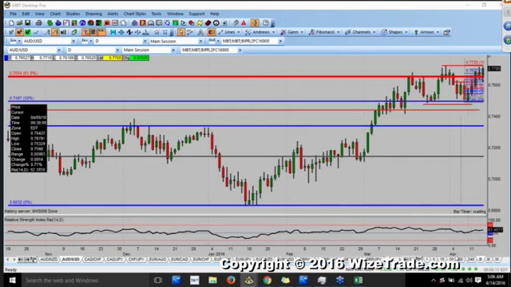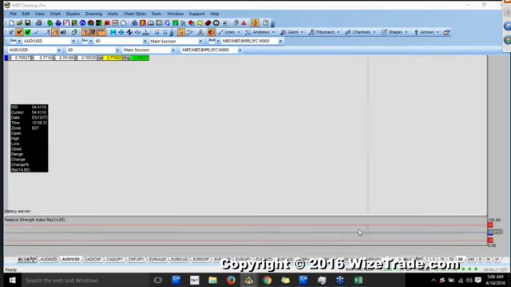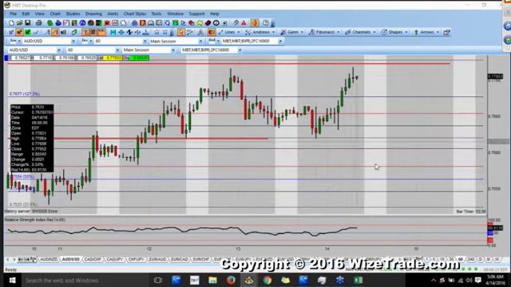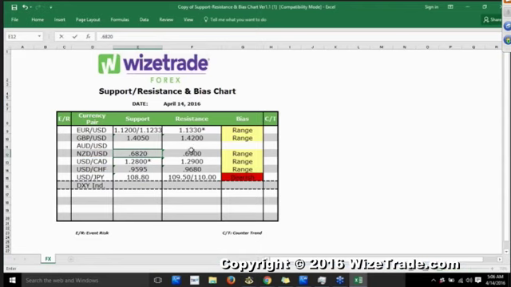So here we are just knocking our head right up against resistance once again. 161%. Did I just? Oh no, that was in the Kiwi. 77.20 is critical any which way you slice it. All right, 0.7720, critical resistance.